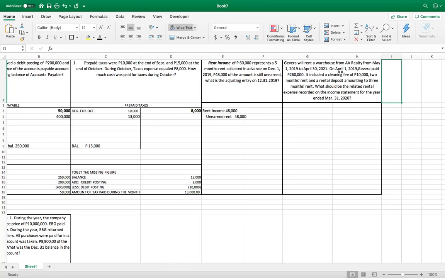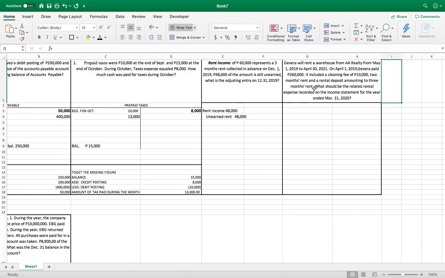Hevera paid 260, but that 260 represents a cleaning fee of 10,000, 2 months rent, and a rental deposit amounting to 3 months rent. So if you deduct 10,000 from 260,000, the remaining amount is 250. That 250 represents 2 months rent and 3 months deposit, equivalent to 5 months.